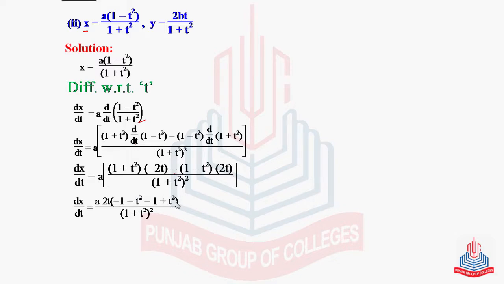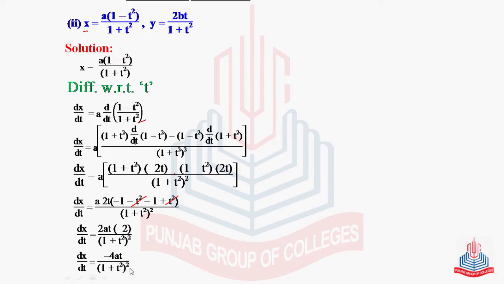This minus t square plus t square will cancel out, and we have 2at into (minus 1 and minus 1 will become minus 2), divided by (1 plus t square) whole square, and finally dx by dt is minus 4at divided by (1 plus t square) whole square.